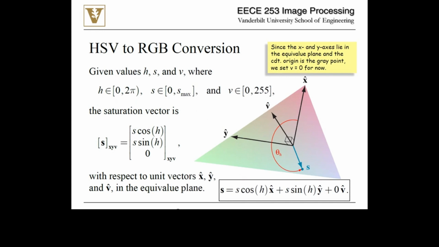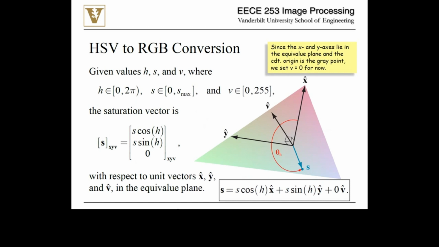So I have to travel in this direction by an amount given by hue. The radial component is s. So I know that within the plane, in this coordinate system, my color is s cosine the hue times this vector, and then s sine the hue times this vector. This is simply polar coordinates.